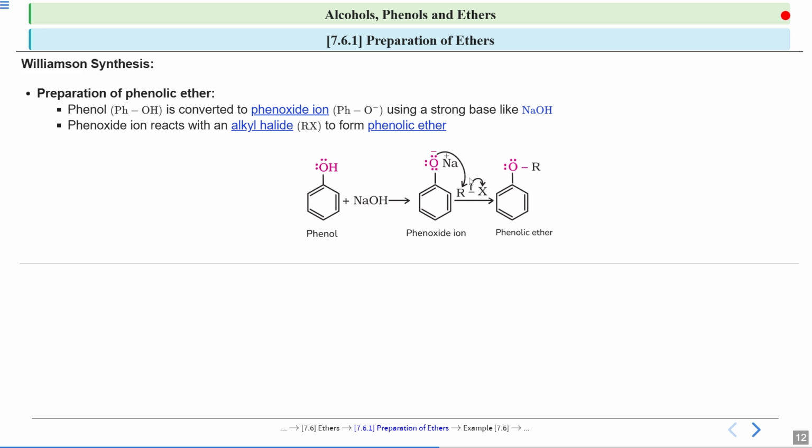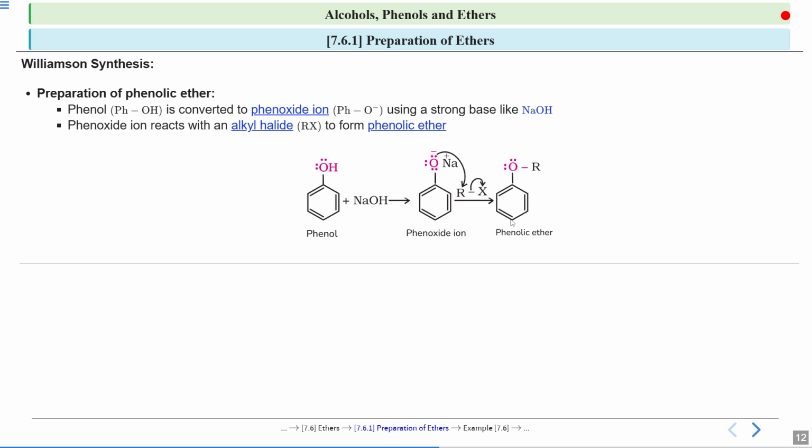Now if you have an alkyl halide, that is R, which is connected to any halide, fluorine, chlorine, bromine or iodine, then this oxygen with its electron density will attack this R group and X will leave from here. So your Na plus and X minus will leave and the R group will attach to this oxygen. So this is your phenolic ether.